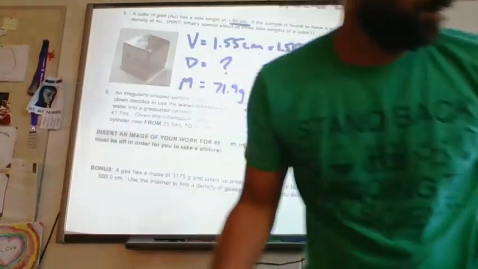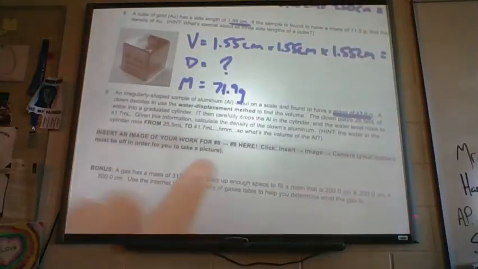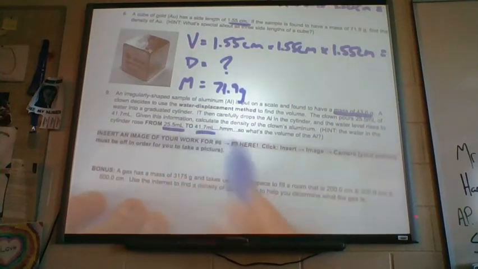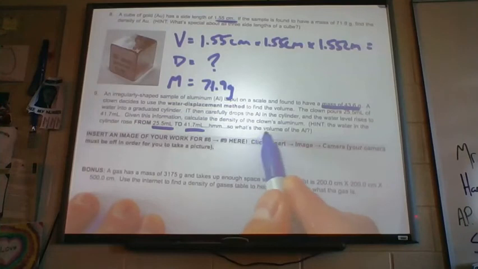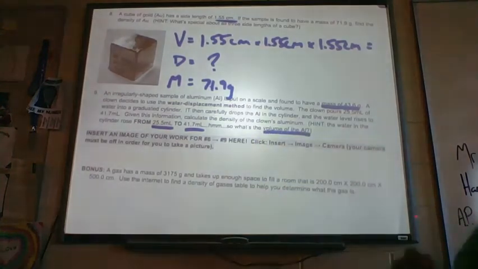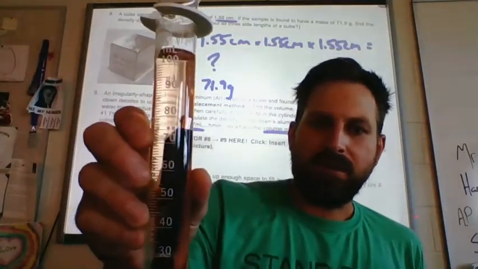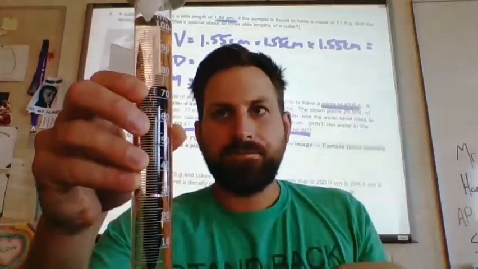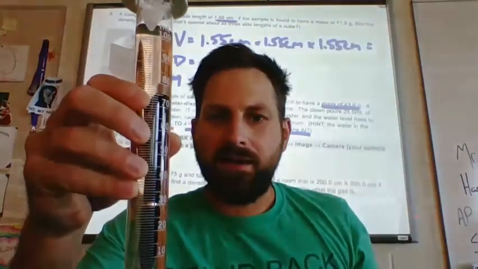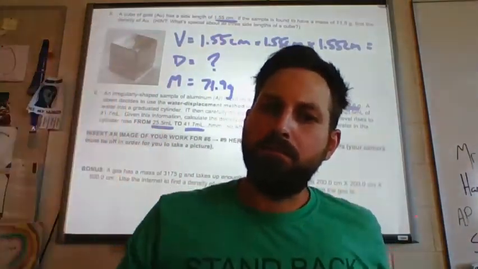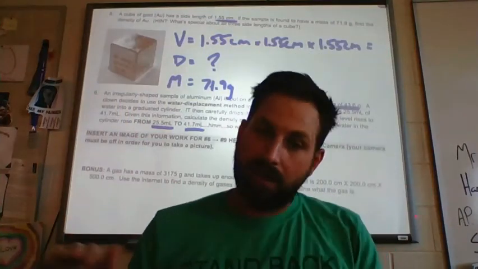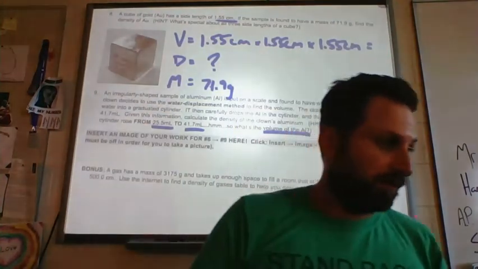So the difference in the volume is the volume of the aluminum. That should make sense, right? You have a graduated cylinder with water, you read it, I dropped my pen in there, the water went up, I reread it, that pen must have the same volume as the difference of the water level.